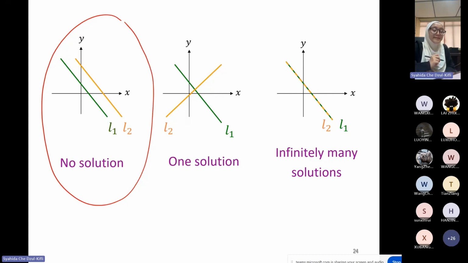Remember, L1 represents linear equation 1 and L2 represents linear equation 2. After we draw the graph of these two linear equations, if we find that they are parallel, there is no intersection, and therefore there is no solution.